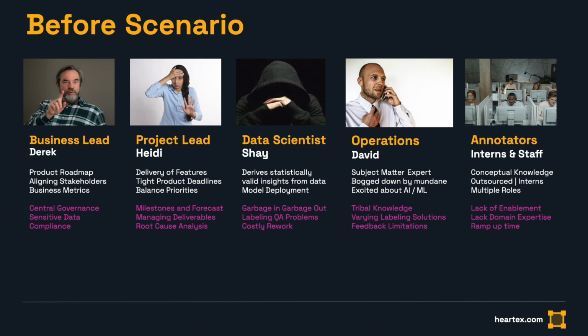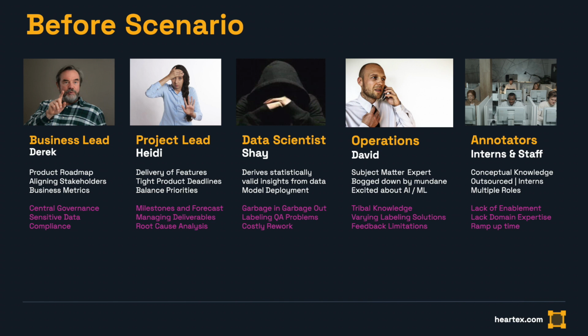Shay, as a data scientist, is in charge of deploying these models, bringing them to production, monitoring their performance, and debugging. Problem is, he knows garbage in, garbage out. Incorrectly labeled data disrupts model optimization and ultimately deployment. He needs to identify labeling QA problems, quality problems, before they result in costly rework.